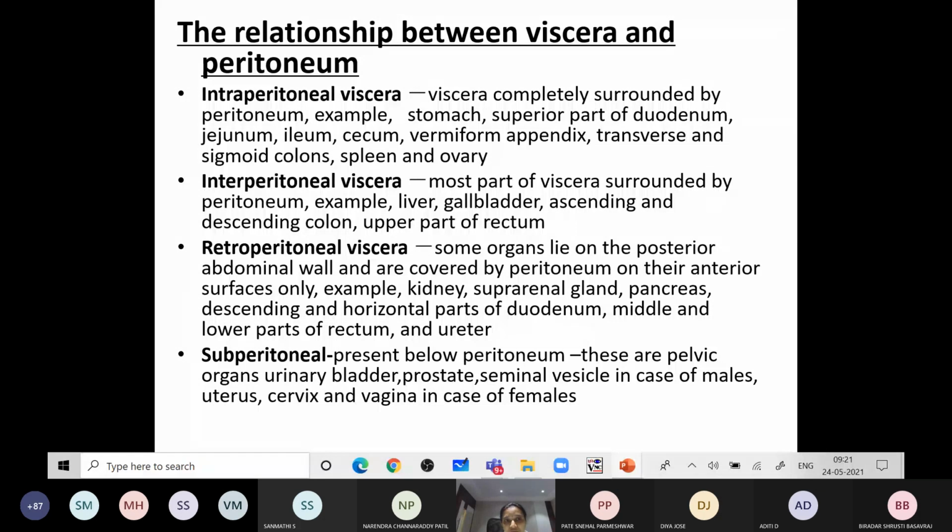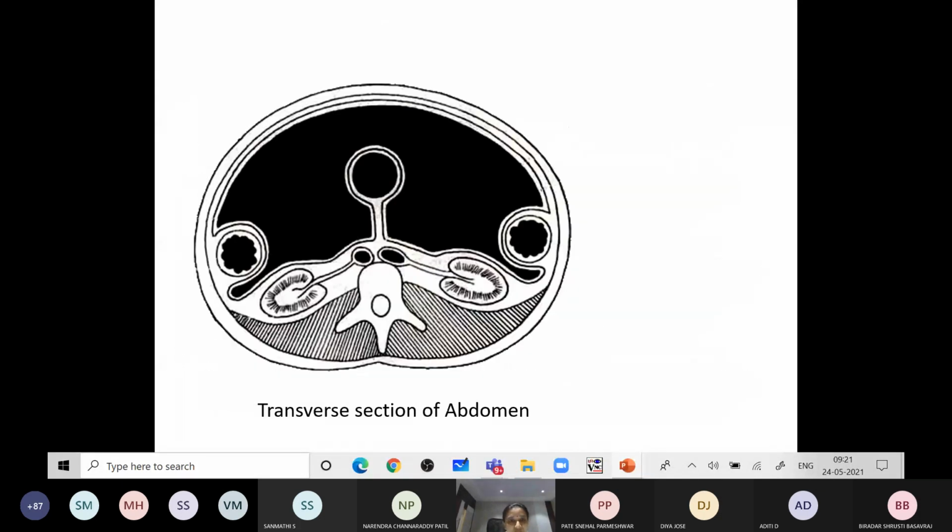Intra means inside. It is completely covered by the peritoneum, so it is within the peritoneum. Inter means it is almost covered by the peritoneum, but not wholly. Retro means it is behind. In retroperitoneal organs, only the anterior part is covered by the peritoneum.